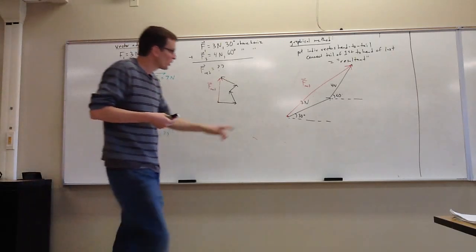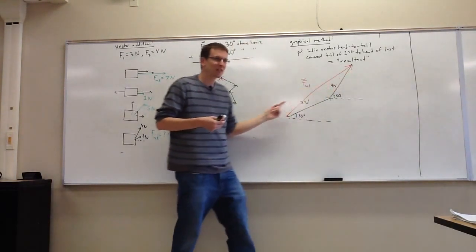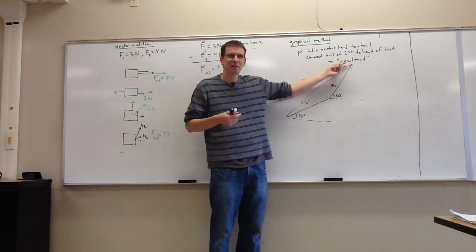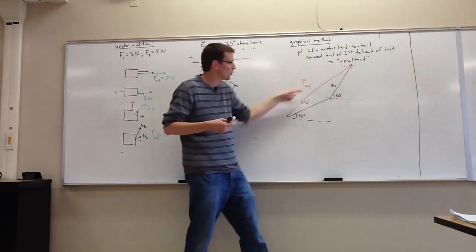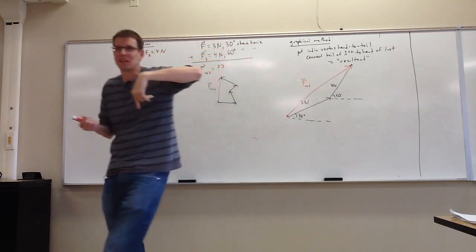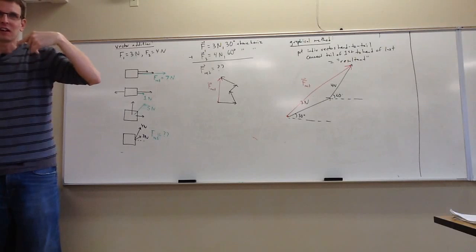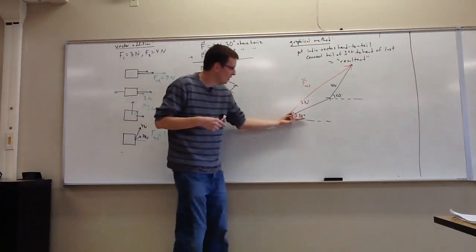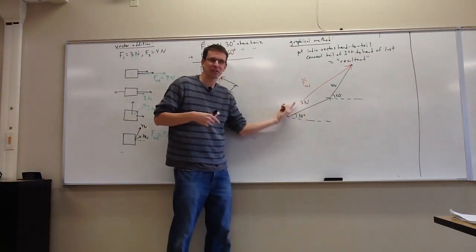So then you're going to very carefully draw this, and then you're going to sketch in the resultant, and then you're going to literally measure how many centimeters this is and turn it back into how many newtons it is using your scale. And you're going to measure experimentally with the protractor what angle this is. Right?